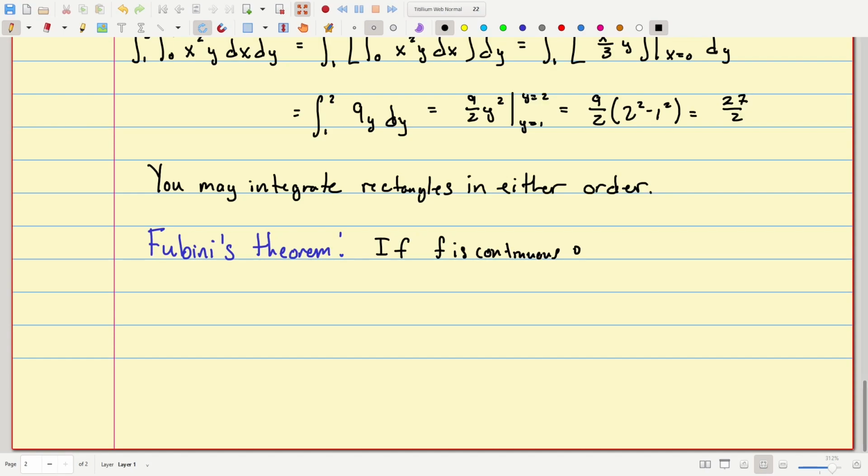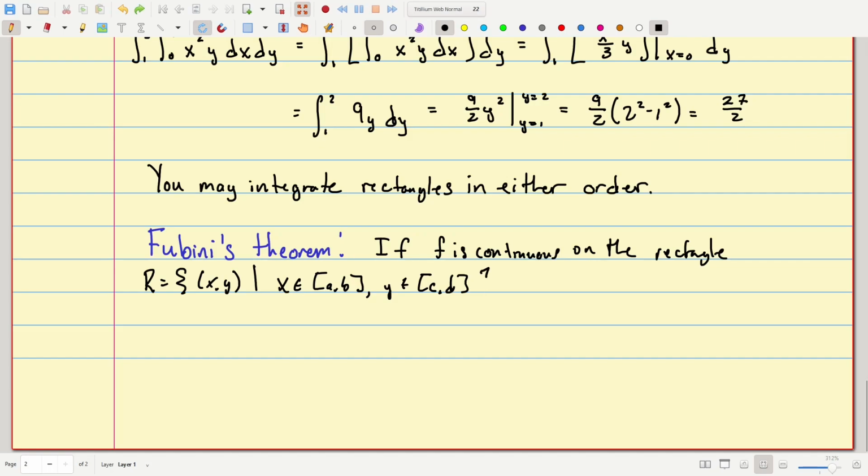It says if f is continuous on the rectangle R, equals the set of all (x, y) such that x is in the closed interval from a to b, and y is in the closed interval from c to d, then we can switch the order of integration.